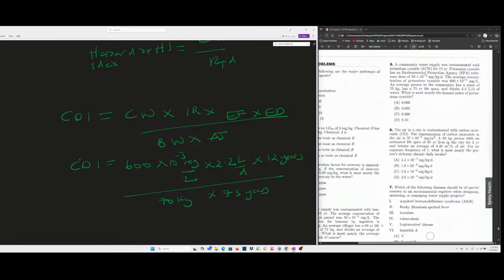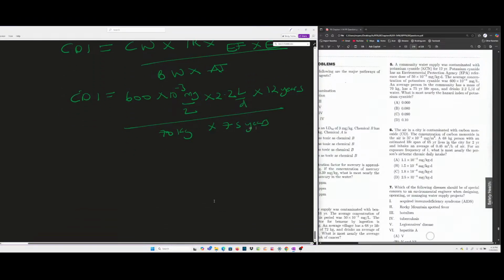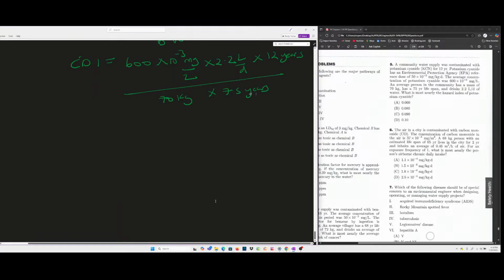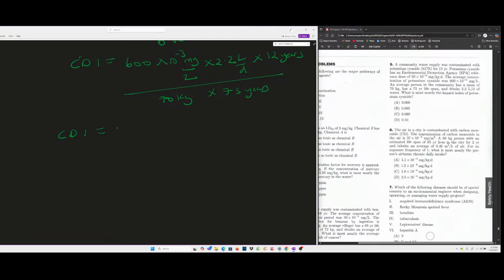Now we have that. We're going to solve for the CDI. So CDI is equal to 3.017 times 10 raised to the power negative 3 milligrams per kilogram day.